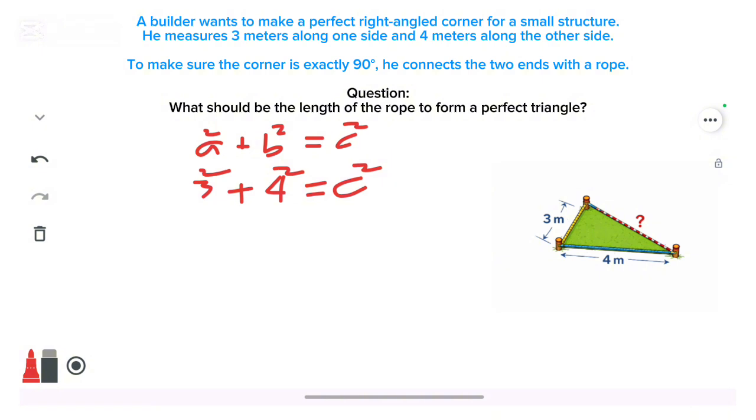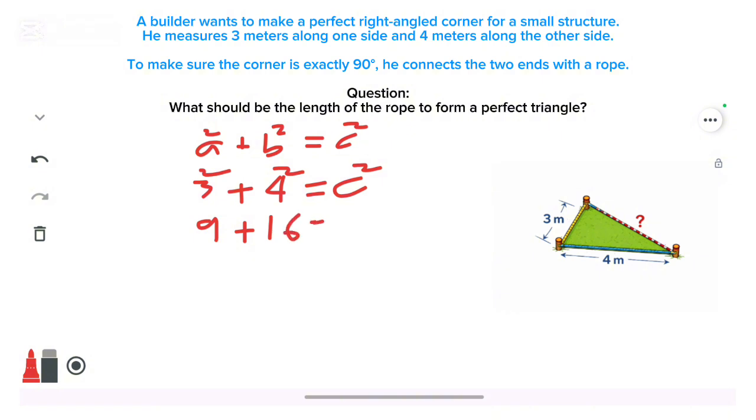And the first thing you want to do is square the sides. Alright, so we have 3 squared plus 4 squared. So 3 squared is equal to 9 and 4 squared is equal to 16.